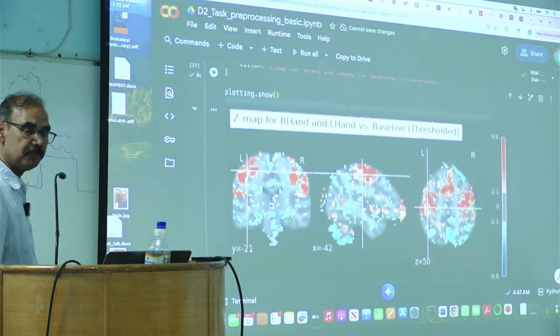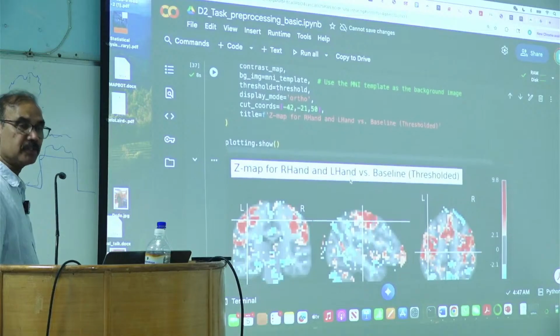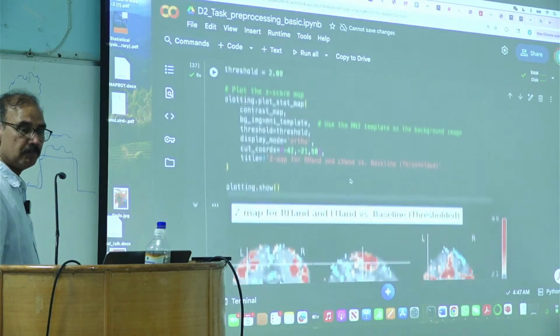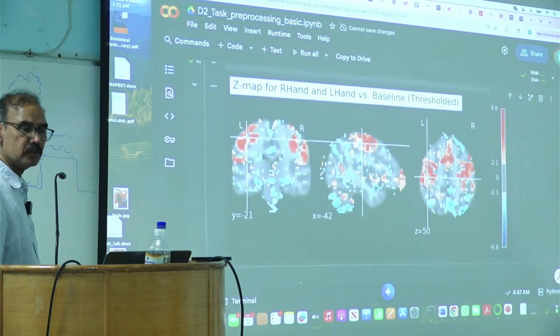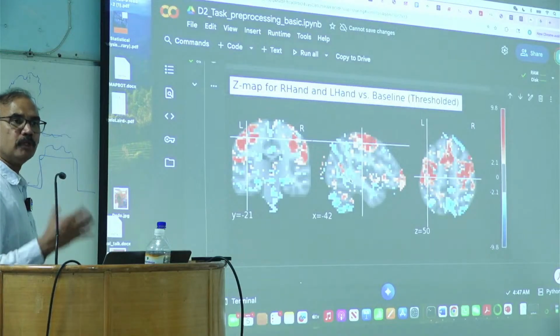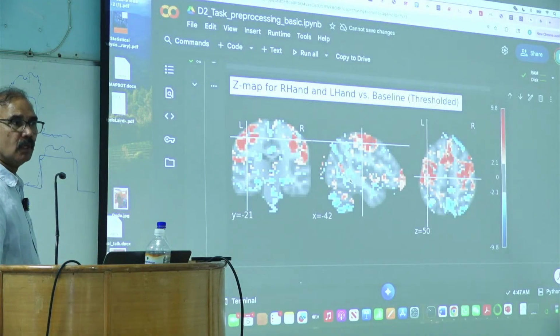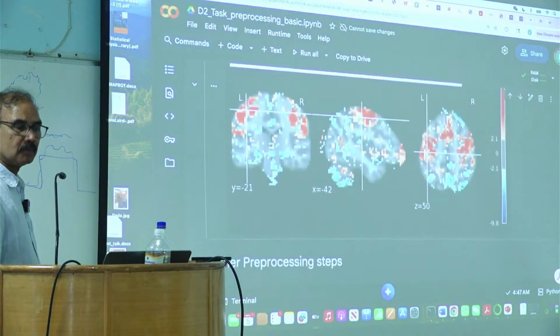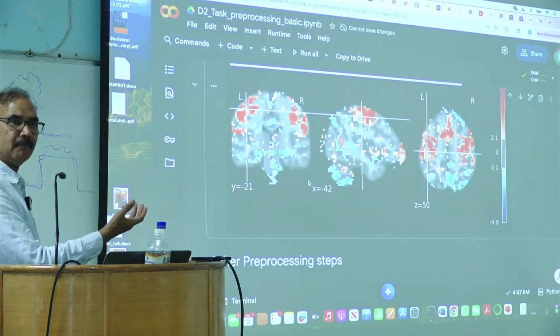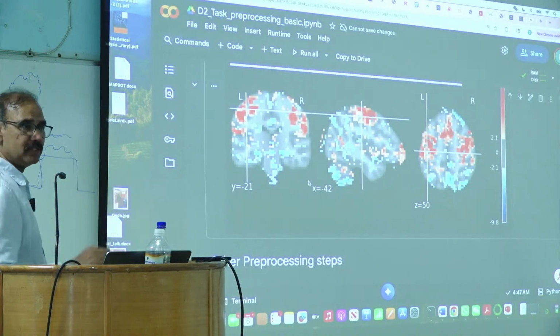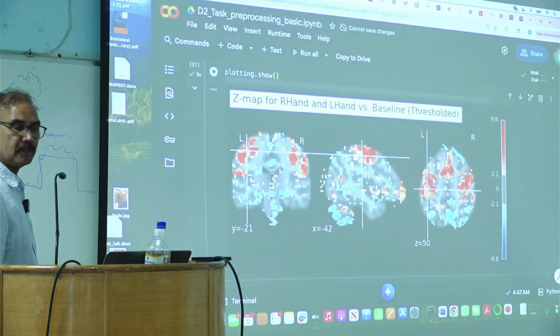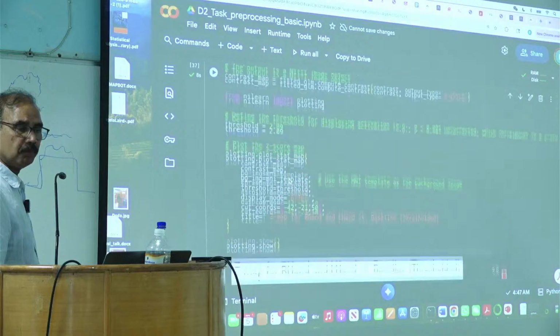Right. So I changed the threshold value, right? So before it was 3, now I use 2, right? Which one would you use? So which one gives better image? This one or what I just showed you before? Okay, so this one is with a threshold of 2.